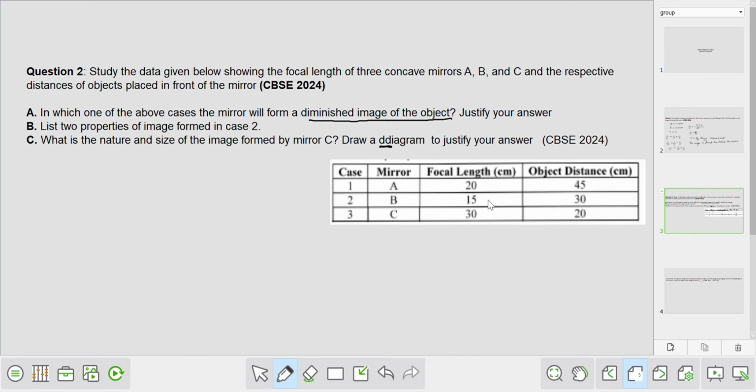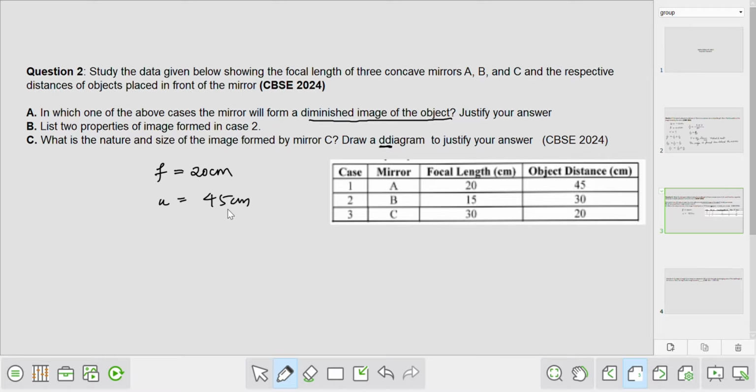So let's see the first one. So first mirror focal length is 20 and here object position is given as 45 centimeters. So here you don't have to calculate. So just in a logical way you can write.